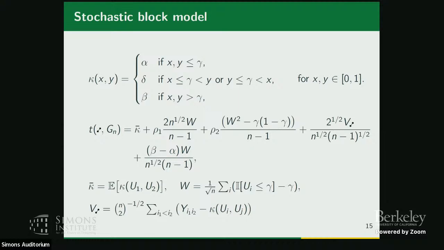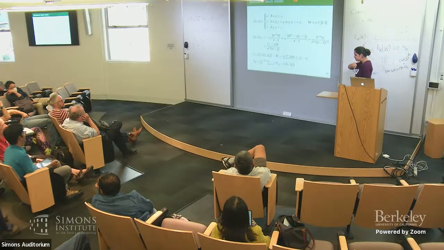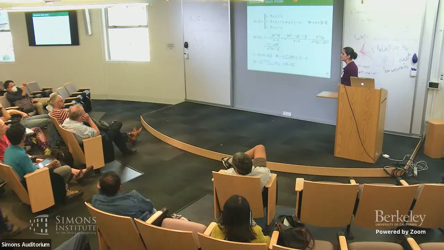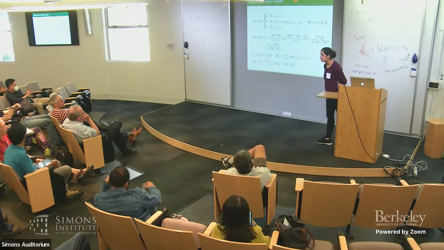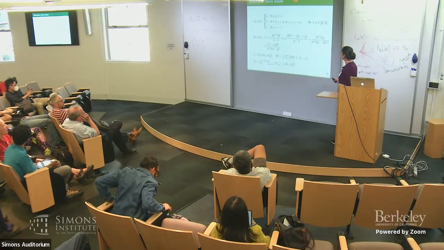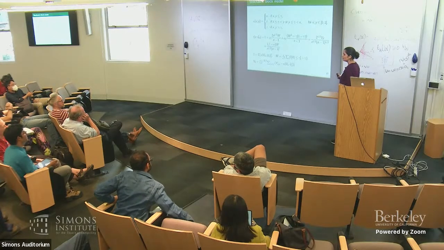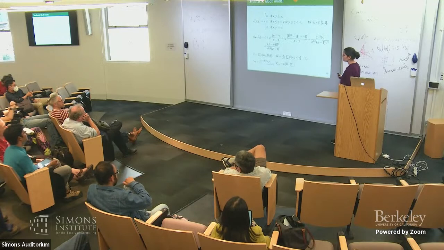So I can now re-ask the question I asked in Bhaswar's talk, because you have this nice formula. He never had the case where rho 2 is 0. So what if rho 2 were 0? Rho 2 corresponds to the chi-square term, but you still have this remaining. We show that this quantity also converges to normal when you scale it appropriately.